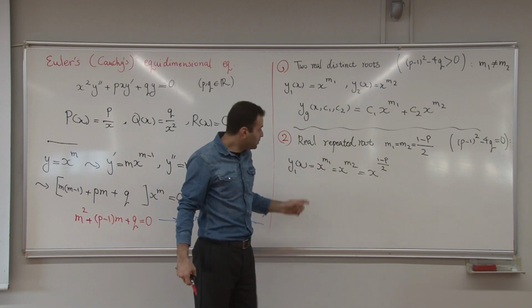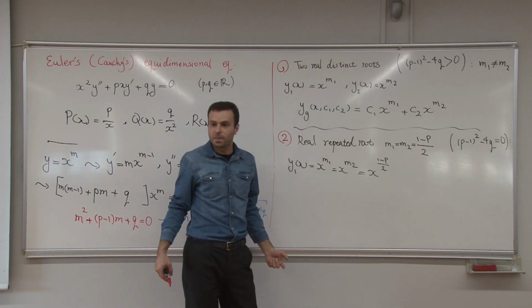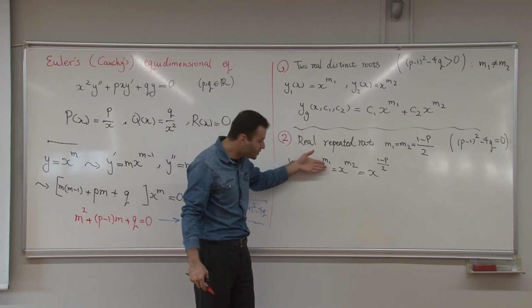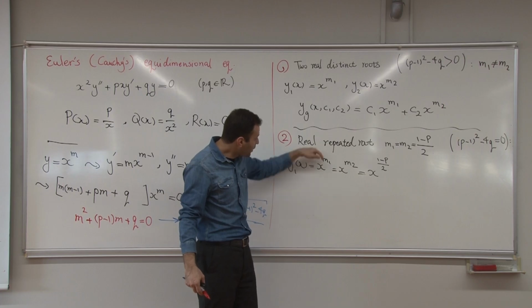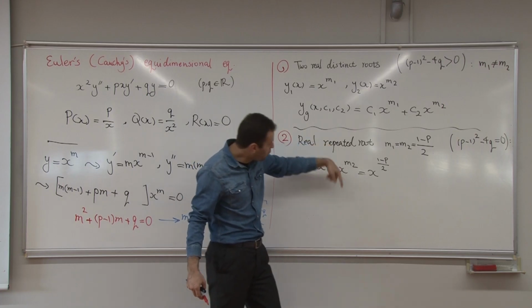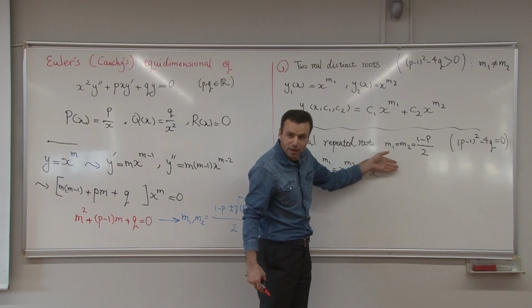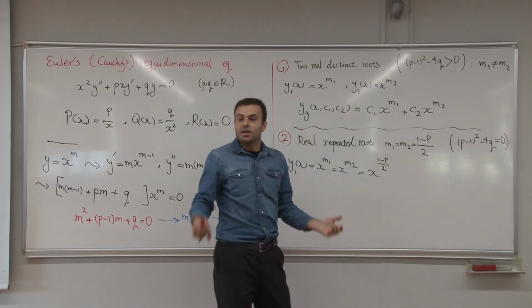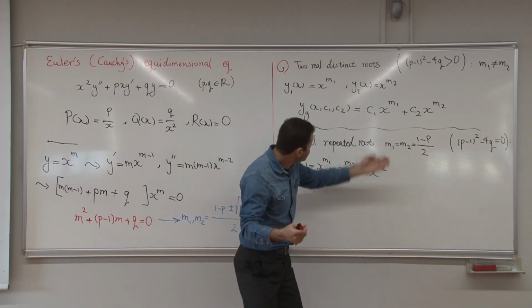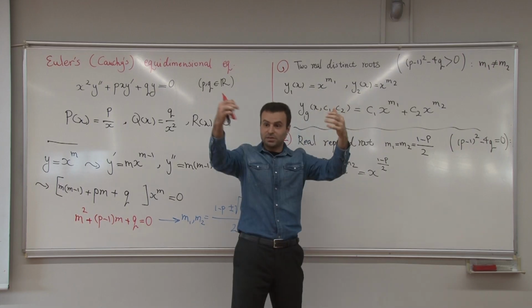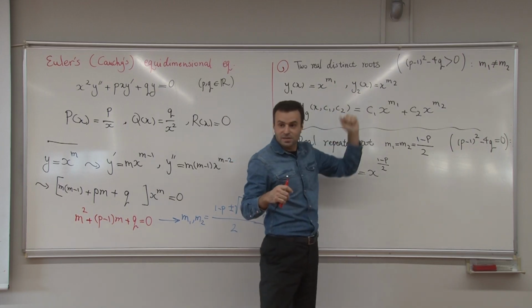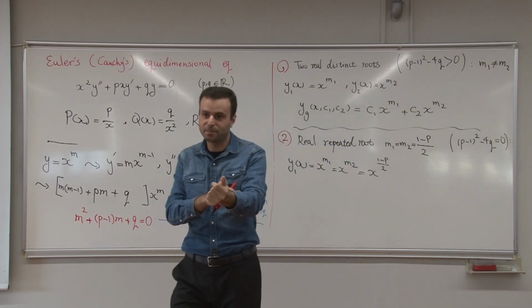Why does multiplying by x not work here? If I multiply this by x, that's going to be x to the power of p plus 1 divided by 2. Which means that it is turning this into the case with two different exponents for our x, and it is not working.